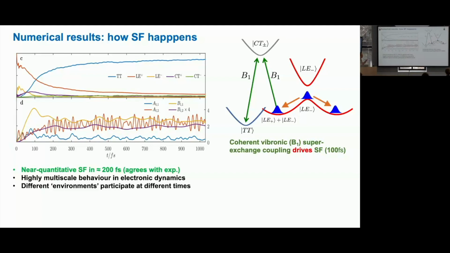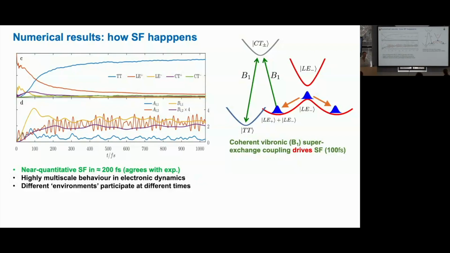Now you see the red and the yellow start to co-decay, because this is really like the excitation. TT comes up and the B1 modes start to rise, and you also see a little bit of virtual population of these high-lying CT states.